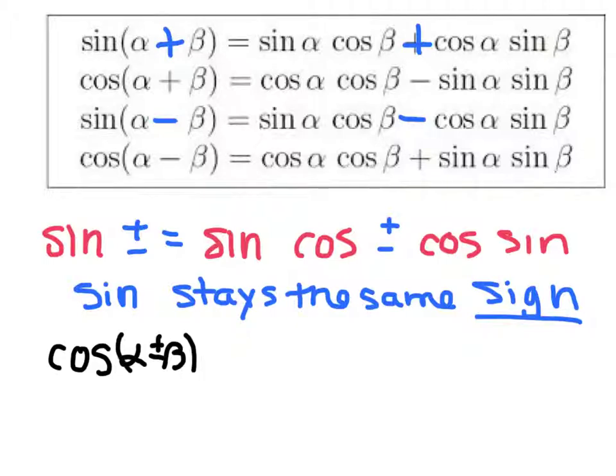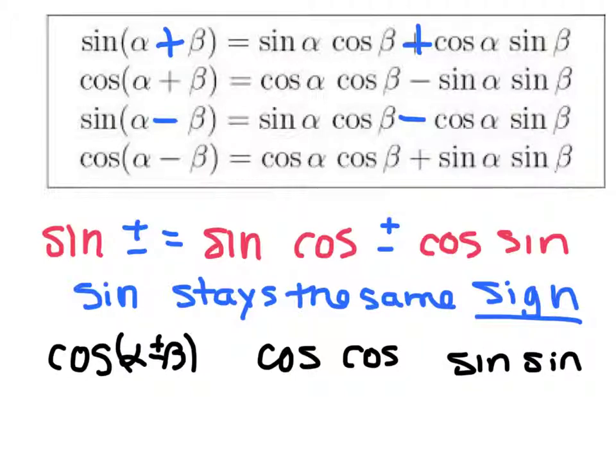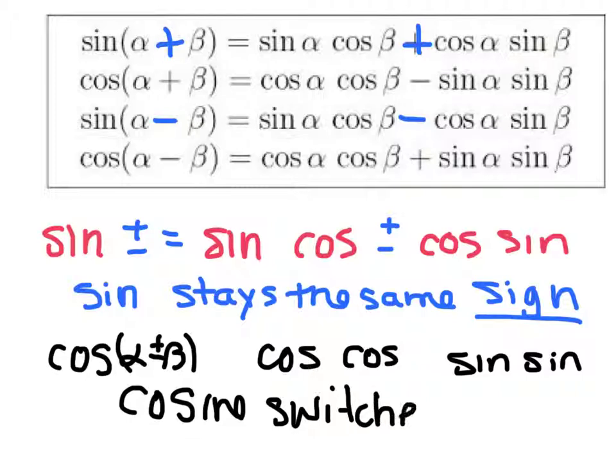I remember that cosine always goes cosine, cosine, sine, sine. And cosine doesn't stay the same sign like sine does. Cosine switches signs. So if the cosine says plus, you minus, and if the cosine says minus, you plus.